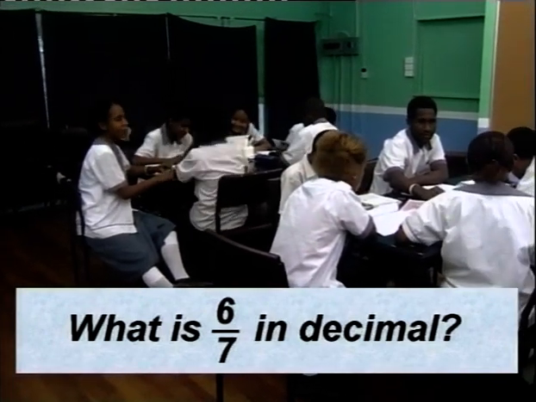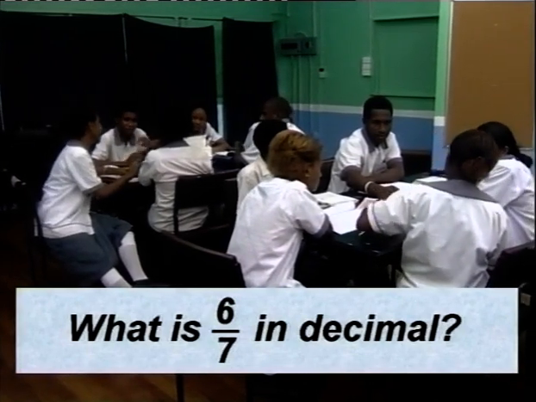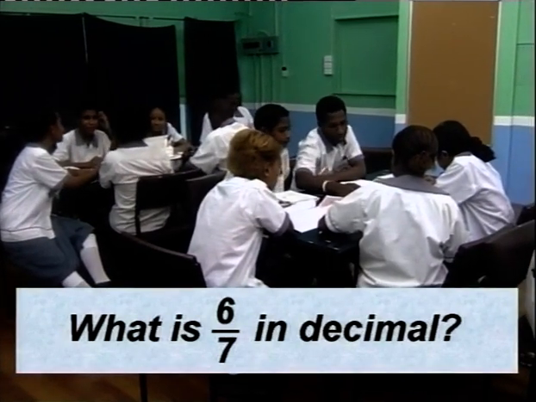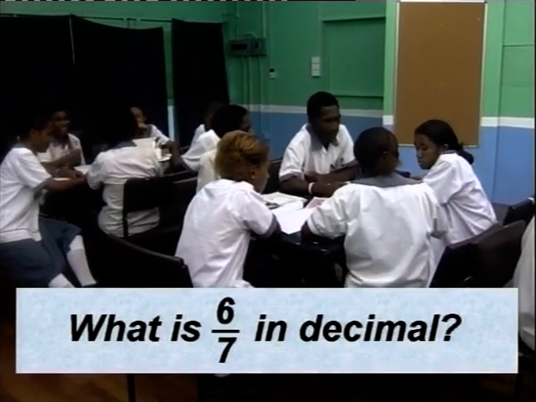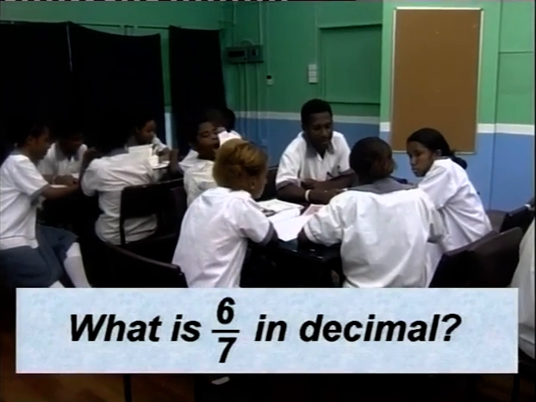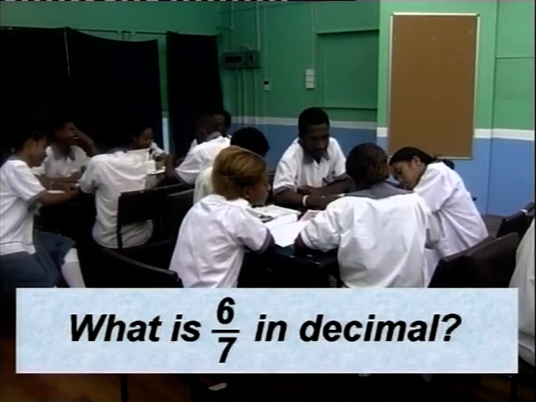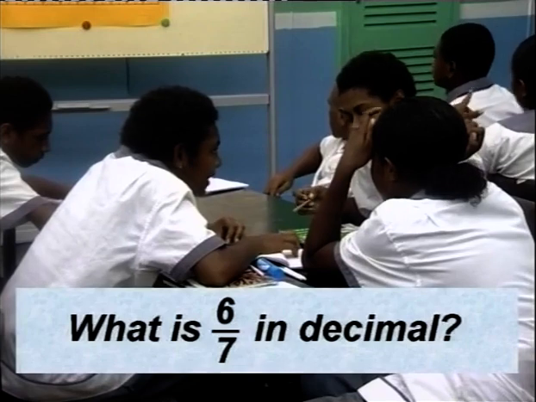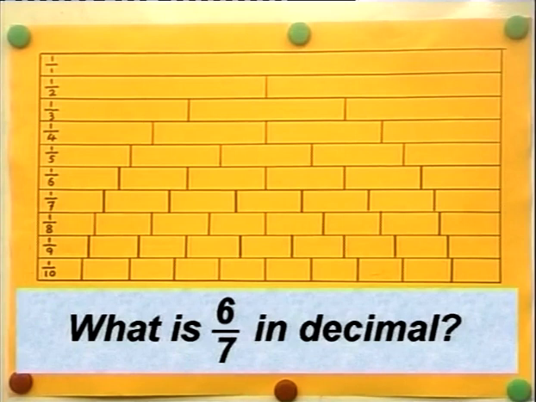Yes, you have to use your head to find out how you can change 6 over 7 to decimal. So did you find out what it is? 0.85? Is there any other decimal number? Any other decimal numbers? Michael.